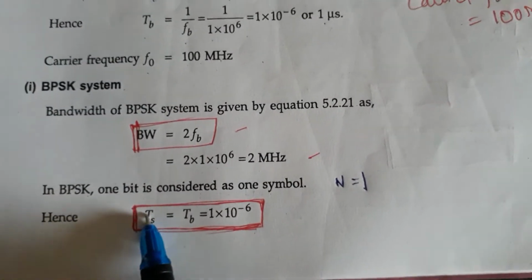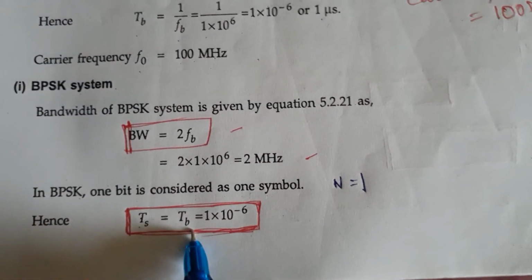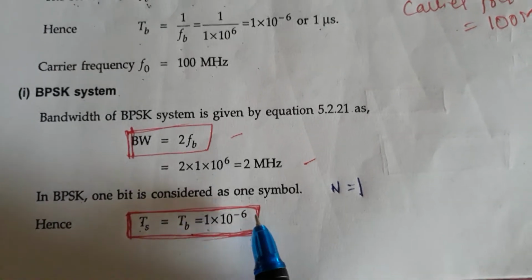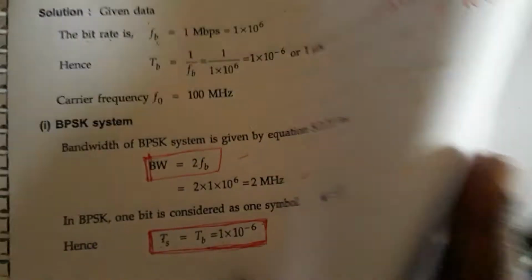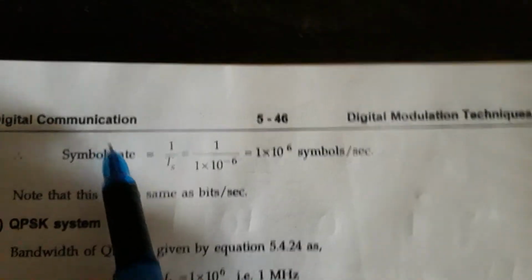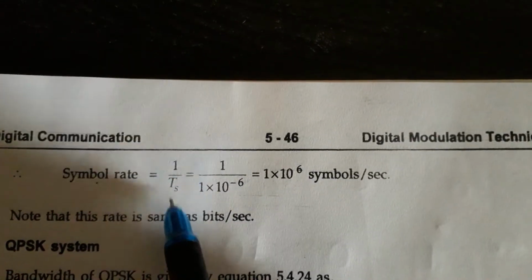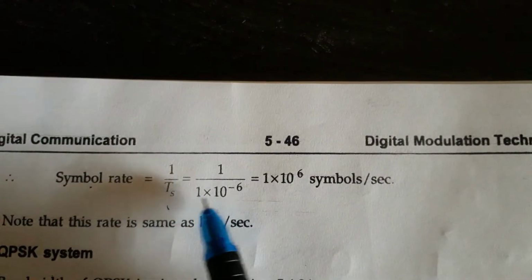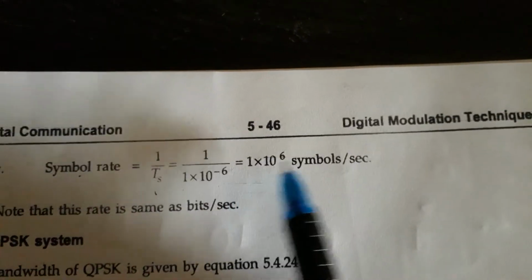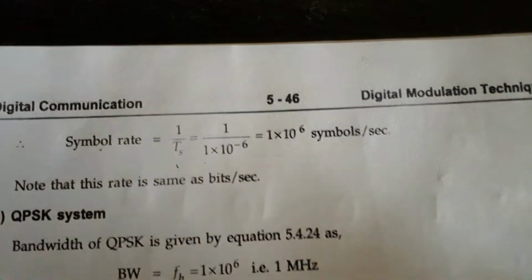That means TB is equal to TS is equal to 1 × 10 to the power of -6. Then symbol rate. Symbol rate is 1 by TS. Just now you got the value of TS, 1 × 10 to the power of -6. This is a value that you have got.